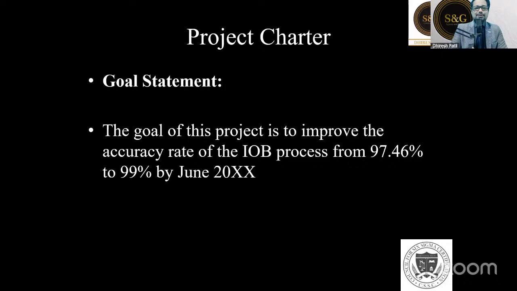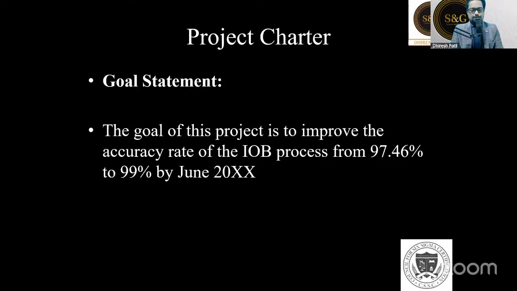Green belts and black belts are most of the time part-time project leaders, not full-time. Full-time means you are only working on the project, with no other responsibility on your shoulder. Only delivering the result of the project is your responsibility. But in most cases, it is not the case. That's the reason it takes more time to solve the problem.